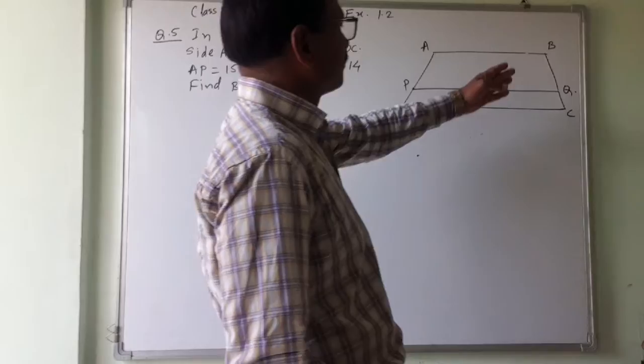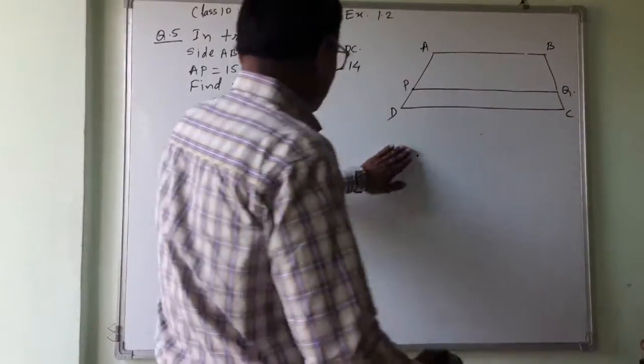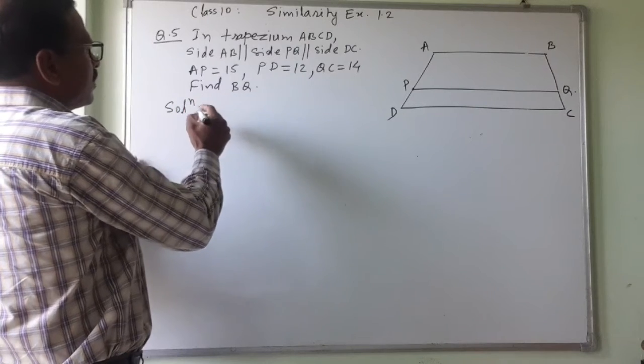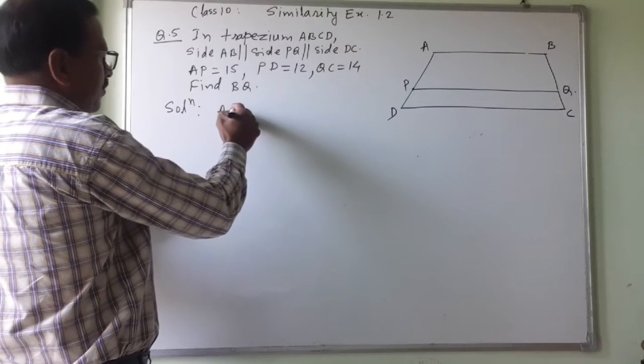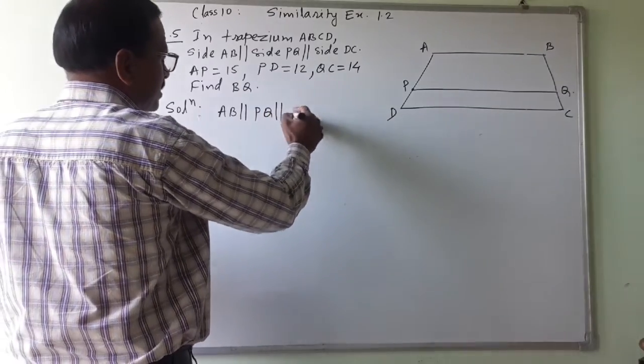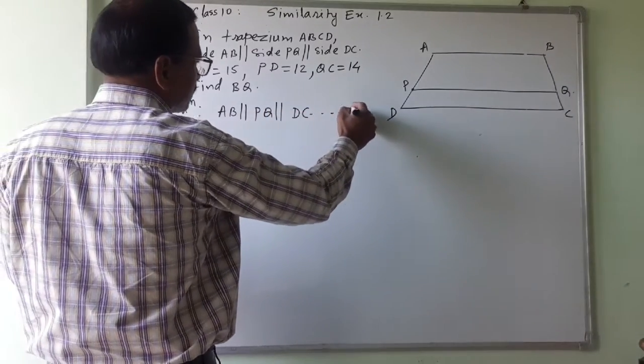Find PQ. Solution: AB parallel PQ parallel DC. This is given.